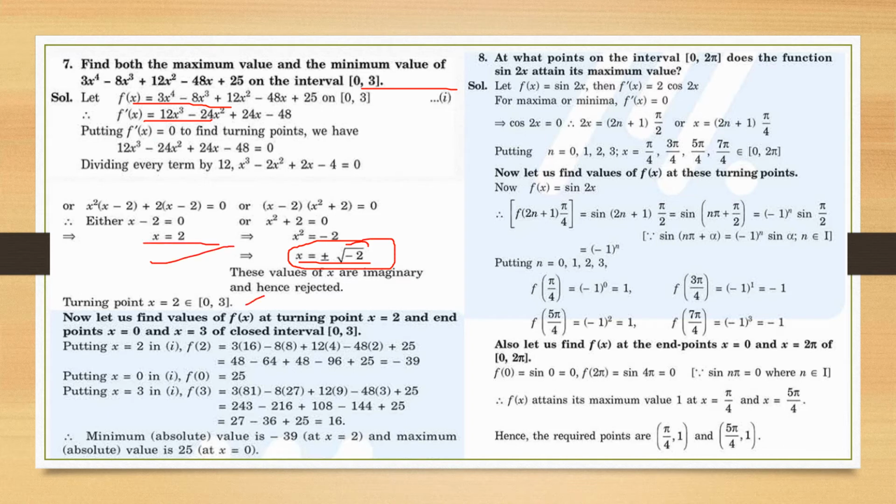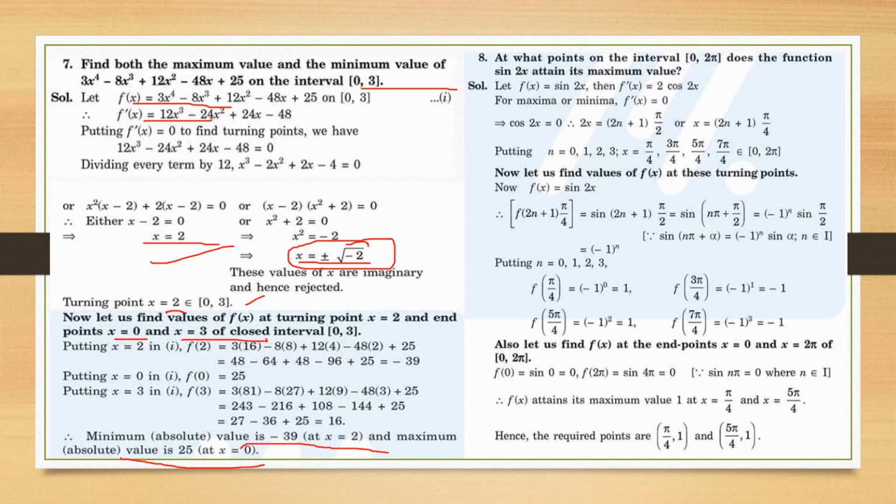It is lying between 0 and 3. As it is a question of absolute maximum and minimum, I'll check the function at 0, at 3 and at 2. So I'll get the absolute minimum value is minus 39 at 2 and the absolute maximum value is 25 at x equal to 0.